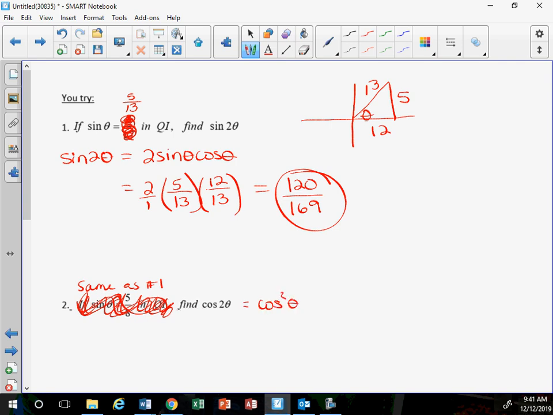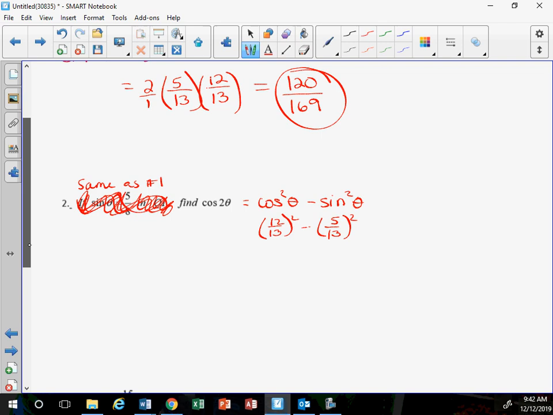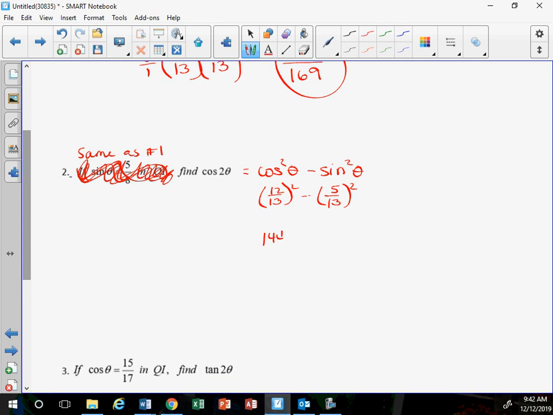It does not matter which formula you pick, you should get to the same answer no matter what. What'd you get, guys? Very good. 119 over 169.